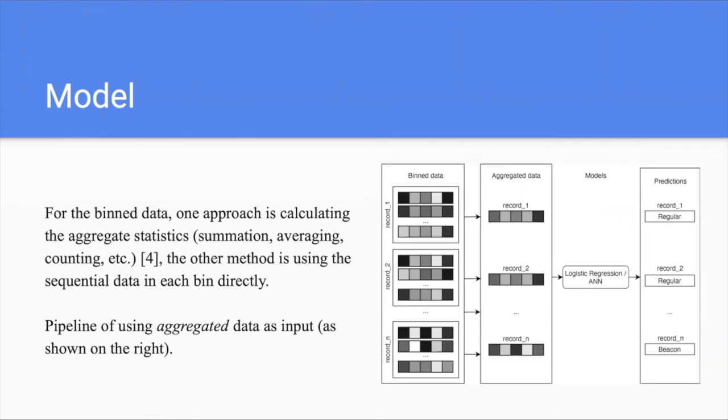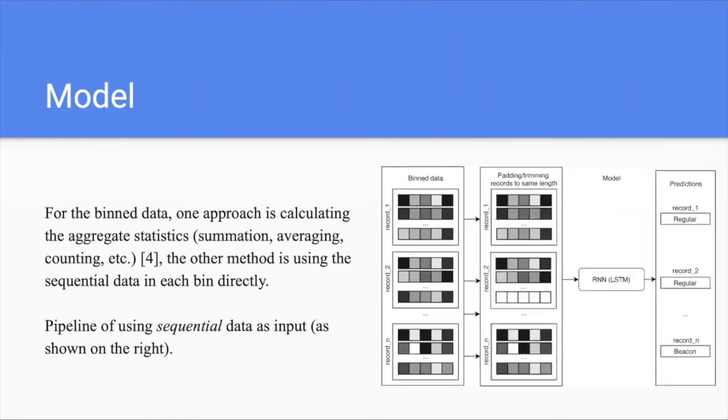Then we put the aggregated data in as the model input. If the model can process sequential data, the other approach is using the sequential data in each bin directly, which is demonstrated in the new figure on the right. And before feeding the data into a model, we need to trim and pad the data to the same sequence length.